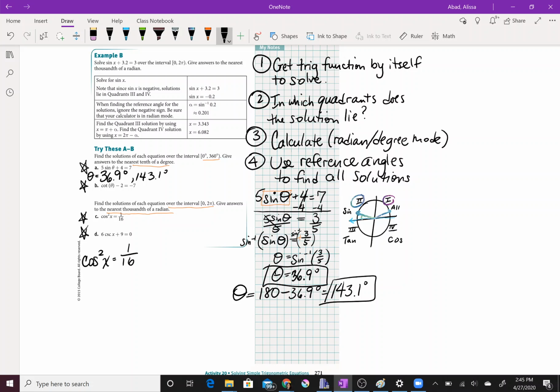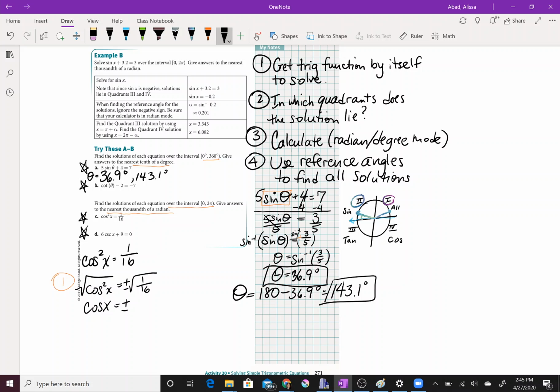I'm going to start with step 1 here. Let's get cosine by itself, okay? To get cosine by itself, there's a square in the way. That means I need to take the square root on both sides. When I take the square root on both sides, you're going to have a positive and negative solution. Then I'm left with cosine of x equals positive, negative.